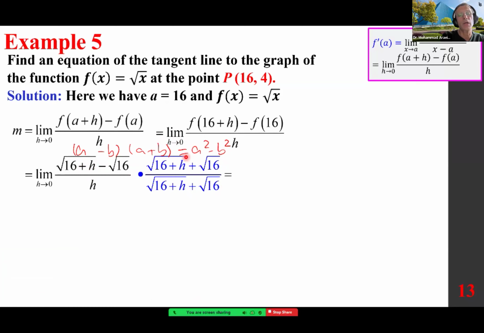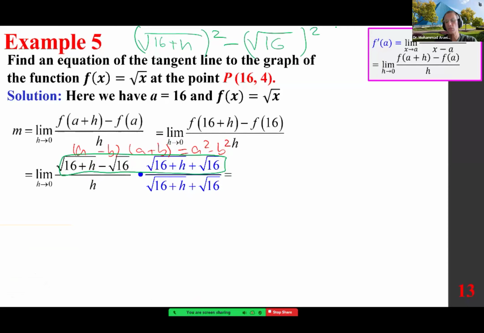So if we multiply this, we get square root of 16 plus h quantity squared minus square root of 16 quantity squared, which is 16 plus h minus 16. We can cancel these two.